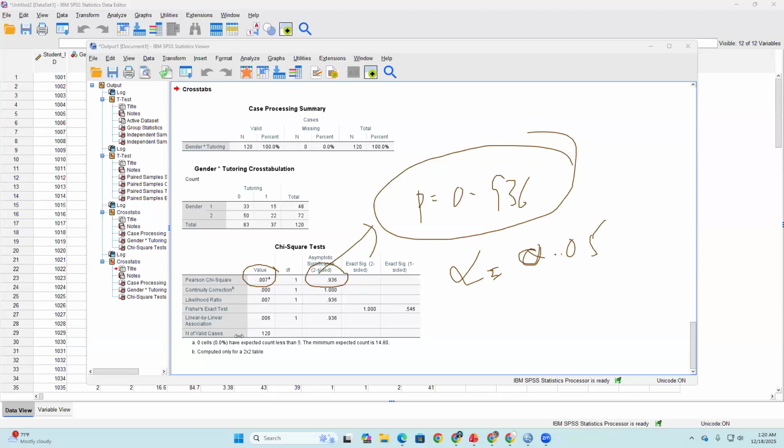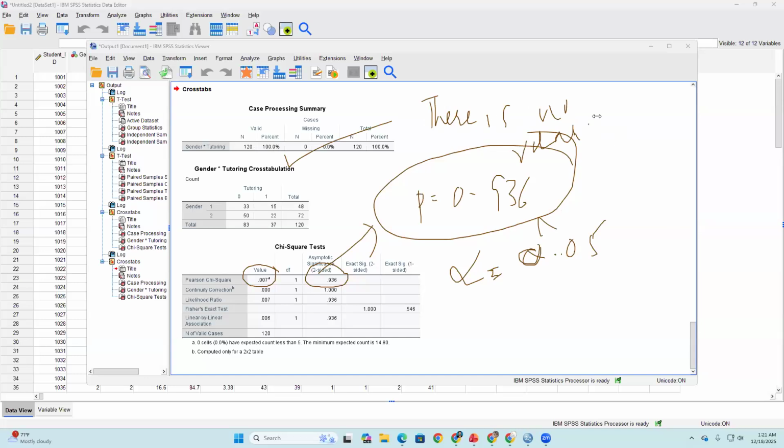Think again. You will accept the null hypothesis. When the p-value is greater, you will accept the null hypothesis and conclude that there is no relationship between gender and tutoring.